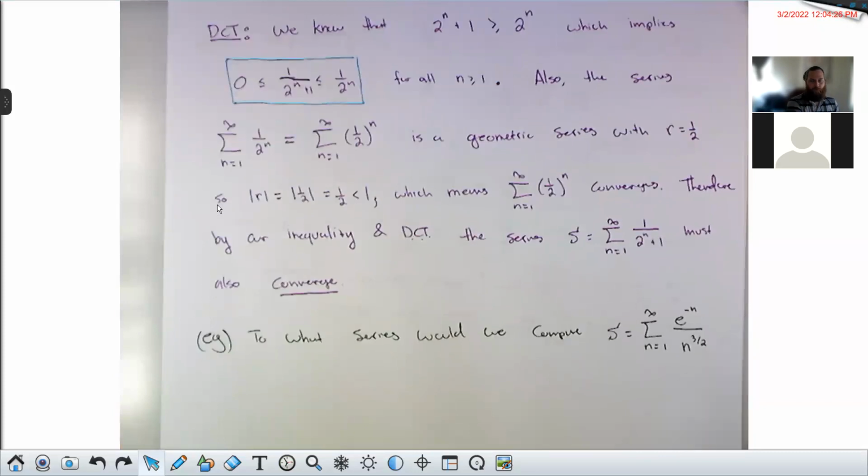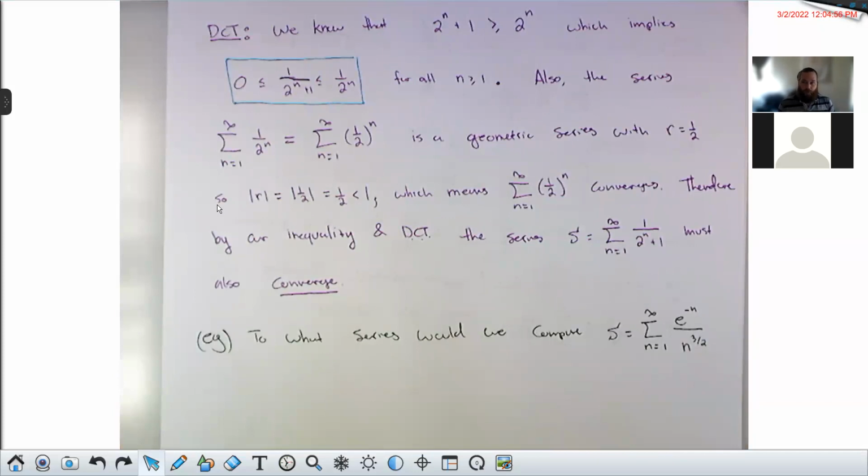So here's an example where the original series kind of looks like it has some geometric-y stuff and kind of looks like it has some P-series-ish stuff. I'll tell you, this is a convergent series.